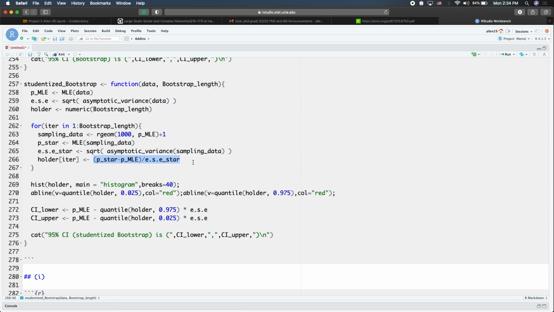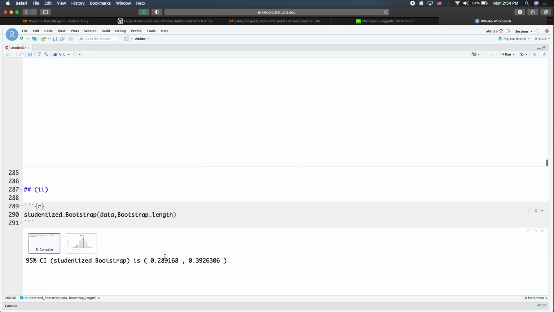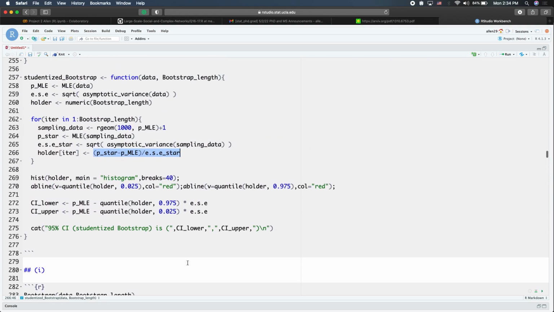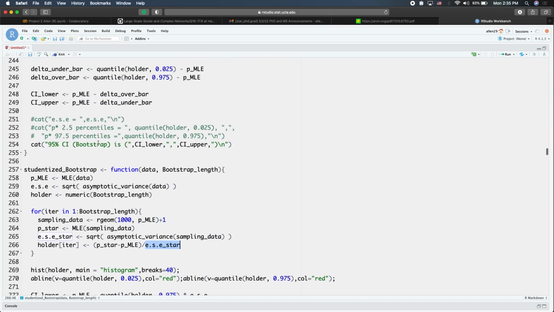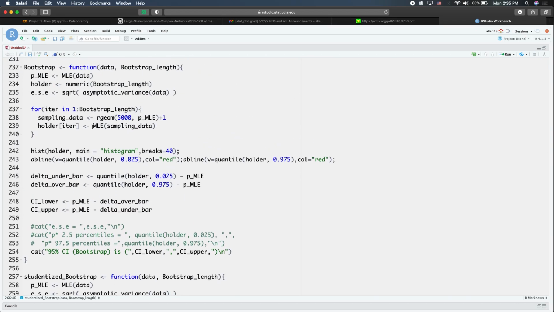Maybe it still does not make sense, but intuitively, we are using two pieces of information in the studentized bootstrap. That also explains why this is wider. One piece we get from the bootstrap estimate, and the other is some information on the variance in the denominator. So the quantity we store contains two pieces of information from the sampling data, whereas the first one only contains one piece.